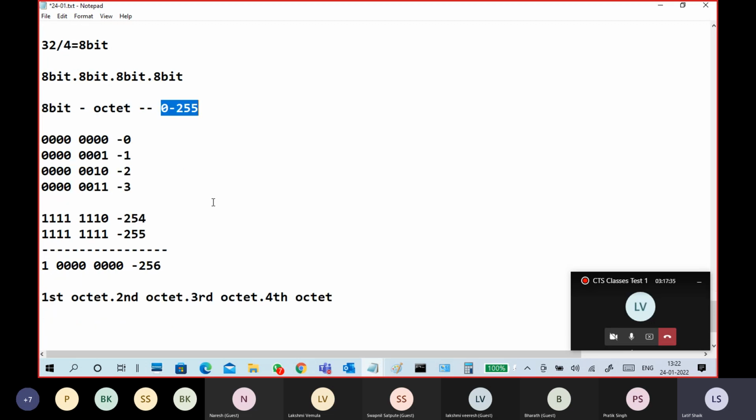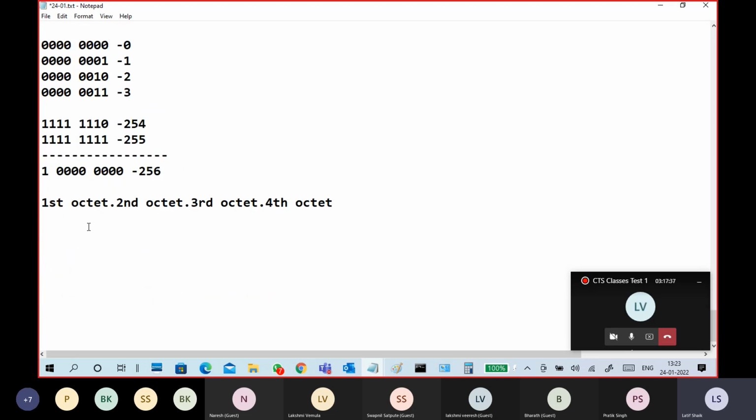Each octet size is 0 to 255. Why? Because when you see an IP address, check whether any part is more than 255. If it is more than 255, it is not a valid IP address.